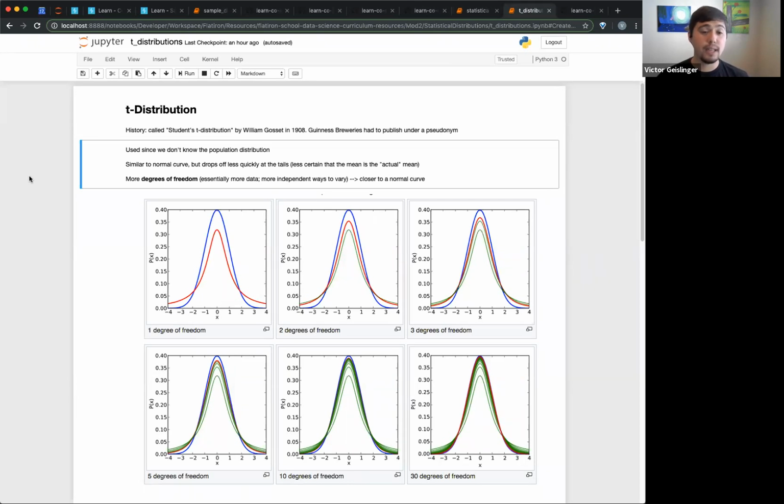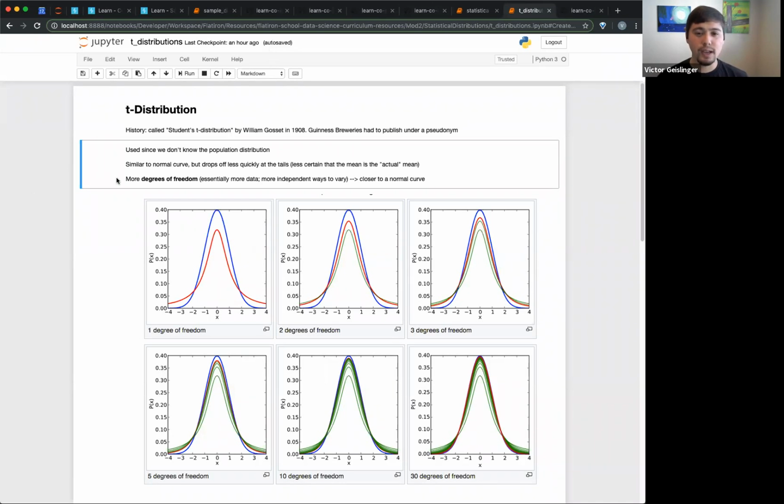So if your sample is 100, you have 99 ways that the others can vary. You can think of a ball dropping down in many different ways. If we have more and more balls, we have more degrees of freedom, more ways the sample can vary.